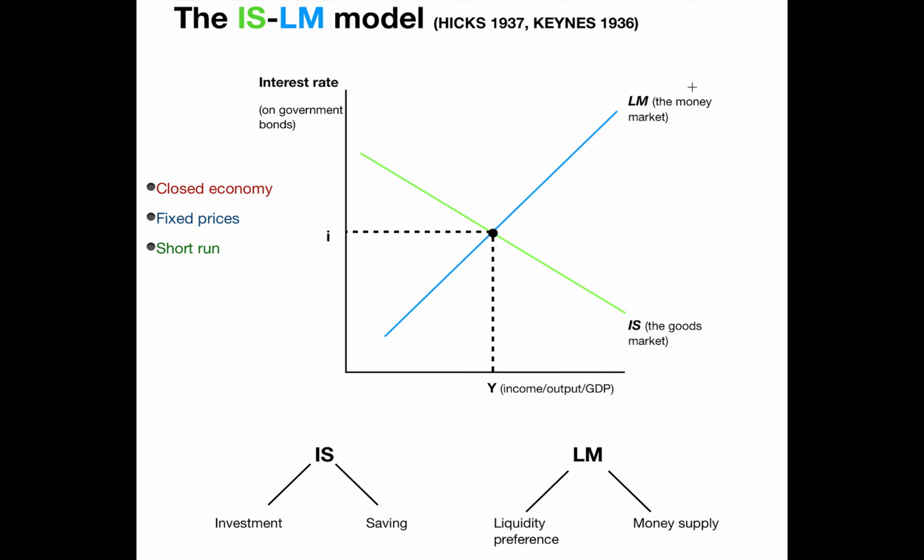There are only two assets, money and bonds. Money is a liquid asset, but it pays no interest, while bonds pay interest but cannot be used in transactions. And the real wealth is also fixed. So there are a lot of things which are fixed for this model.